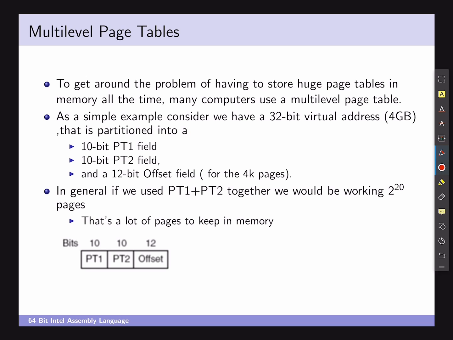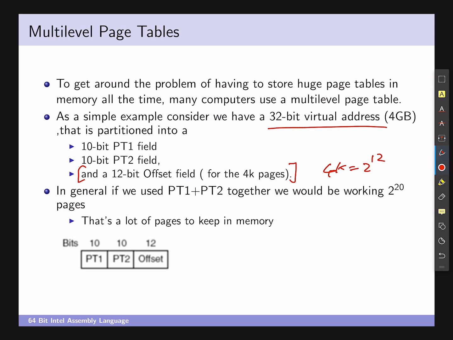So let's look at an example to make things a little bit more concrete. Let's assume we have a 32-bit virtual address, and we're wanting to use multi-level paging. Now we're stuck utilizing 12 bits of that 32-bit address to represent the offset because we have 4K pages. So remember, once again, 4K is equal to 2 to the 12. And now we have another 20 bits to play around with.